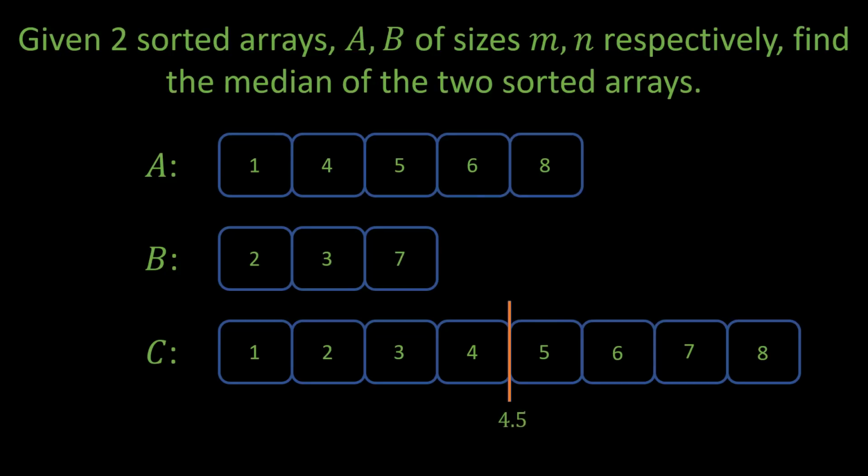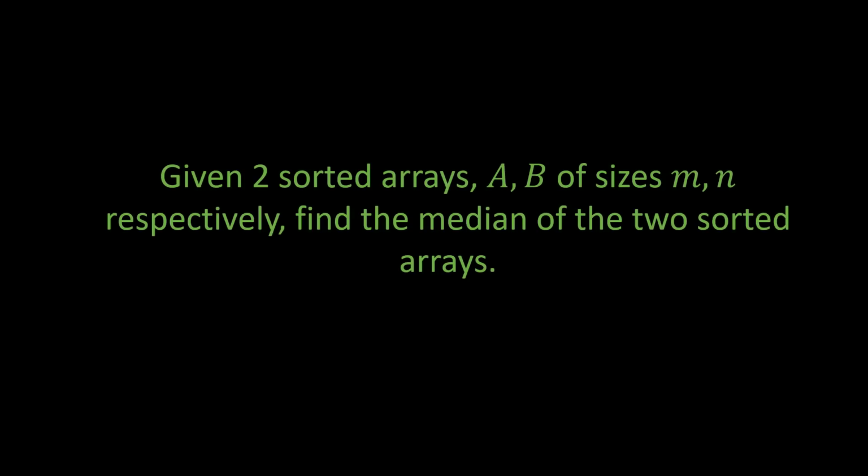And this is indeed a solution, but there's a couple of things that don't feel quite right. Let's go back to the problem statement. Given two sorted arrays, A and B, of sizes m and n respectively, find the median of the two sorted arrays. Now, we've indeed found the median of the two sorted arrays, but in this case, we haven't really used the fact that A and B are sorted anywhere in our solution.